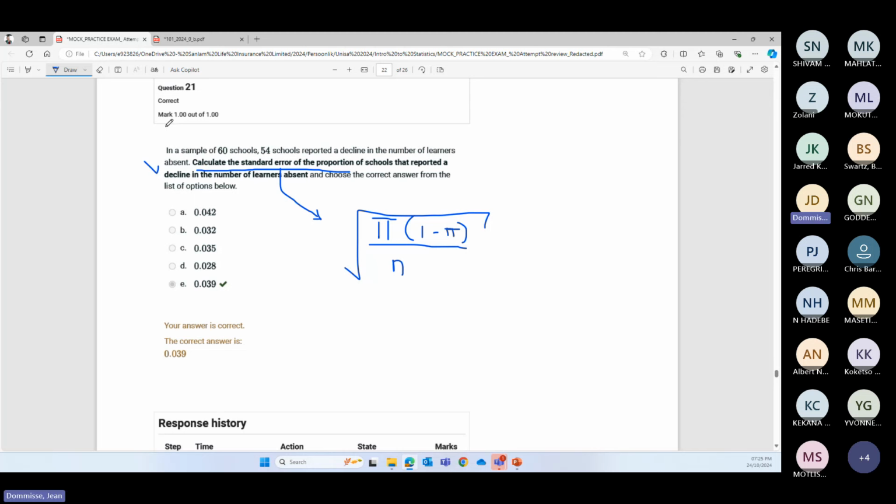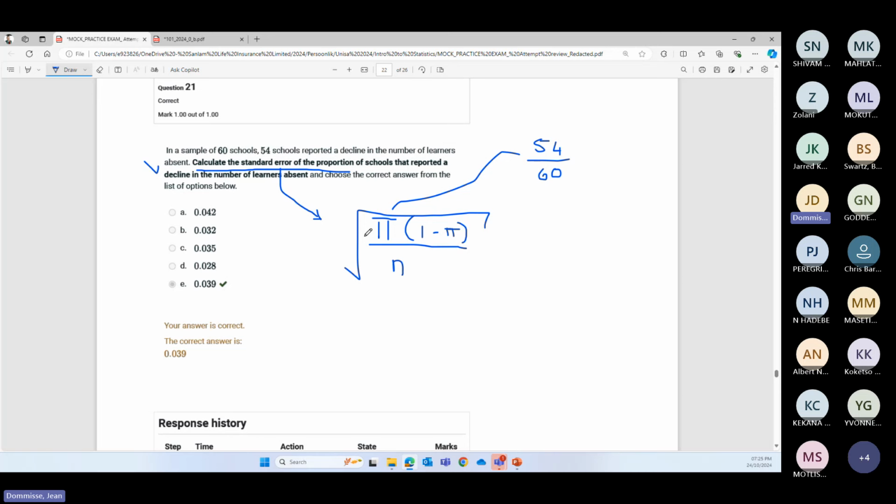Okay, so n is 60. So what would your pi be? That would be 54 divided by 60. Remember, it's always a proportion, so x divided by n.